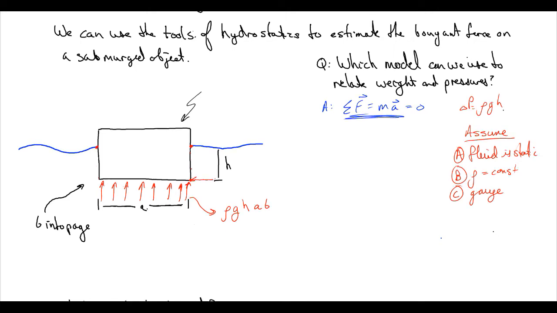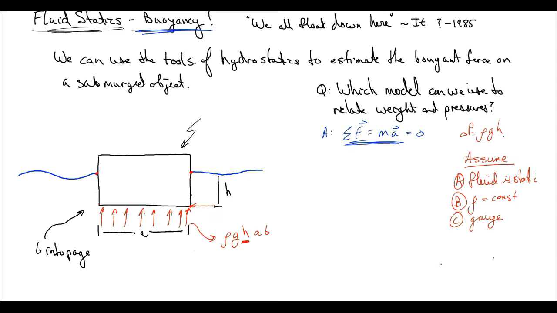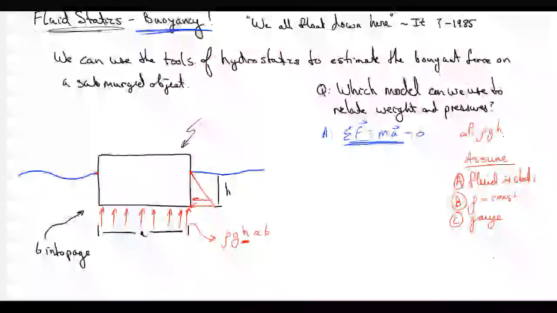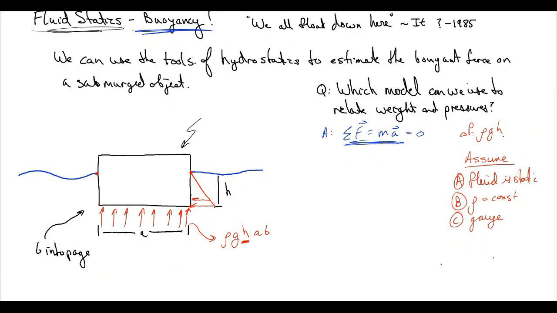So we know too that the pressure varies linearly with height. So this is just going to be a triangle. We're going to draw the exact same thing over here, like this. Now, the last force that we have to add would be a weight. And this weight comes down like this, and it's just equal to m times g.